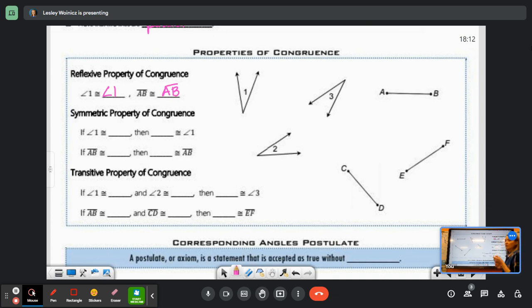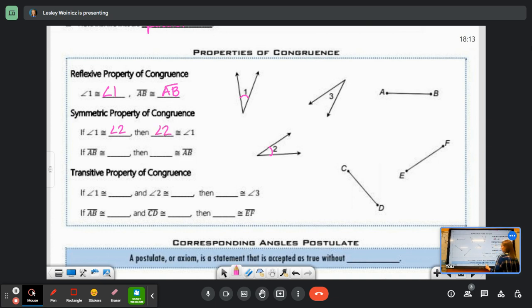Okay. All right, the next thing is the symmetric property of congruence. This just means that I can flip congruent statements around and they still mean the same thing. So if angle 1 is congruent to angle 2, then angle 2 is congruent to angle 1.